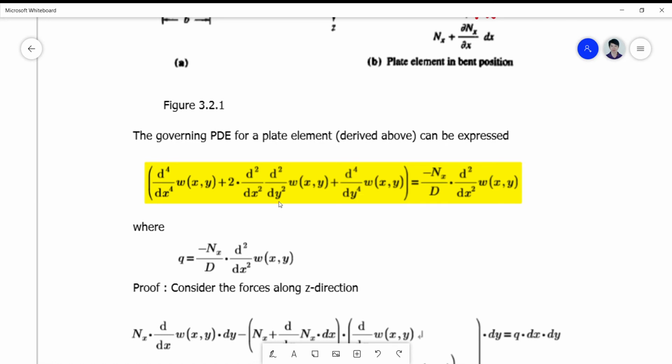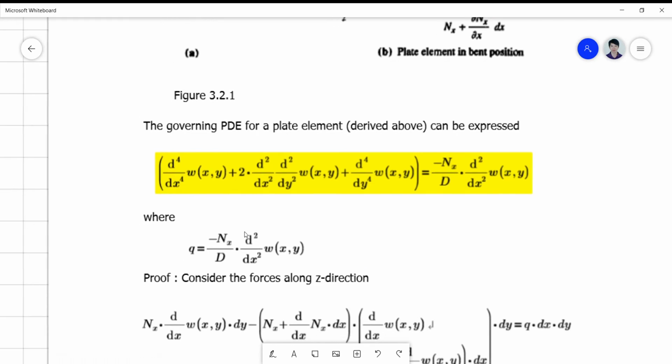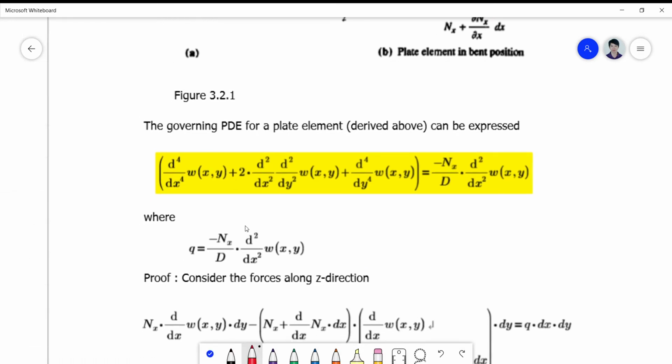I'd like to take note that this has something to do with the moment M. Remember that w here is not a load, but a deflection brought about by the buckling effect.